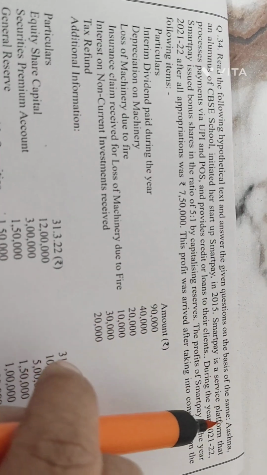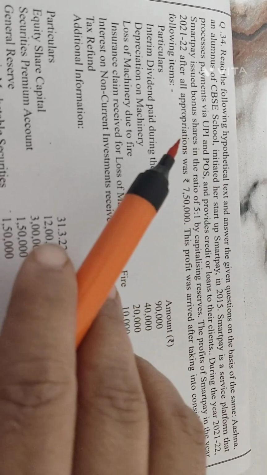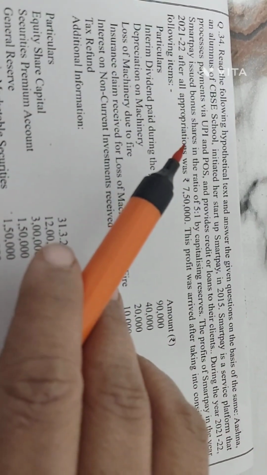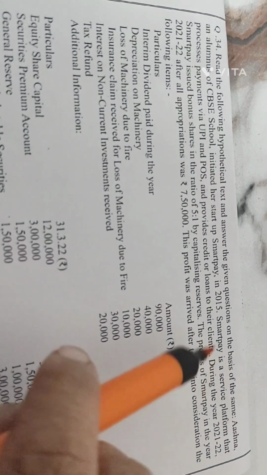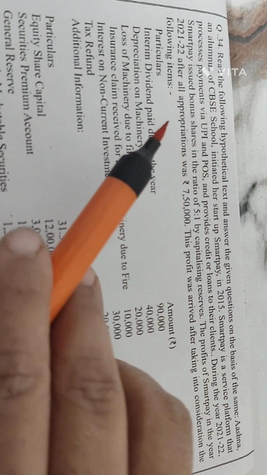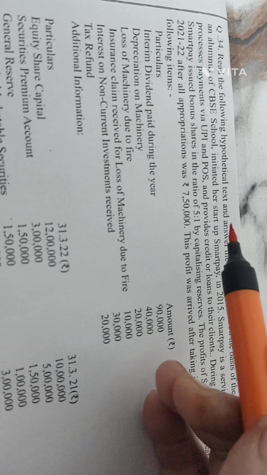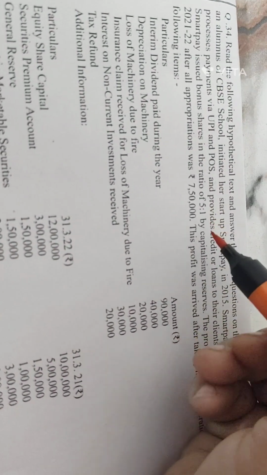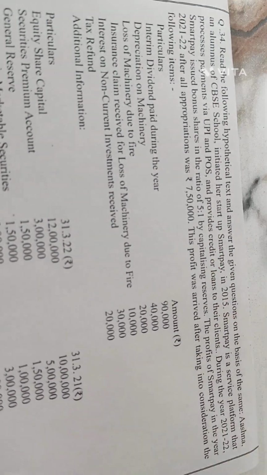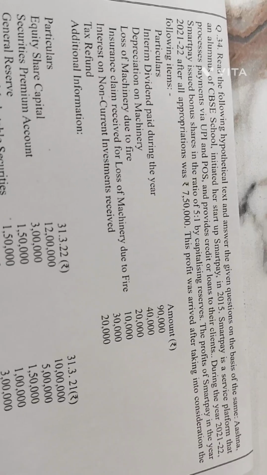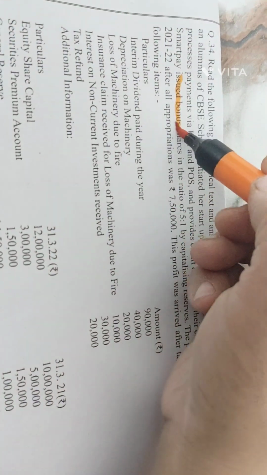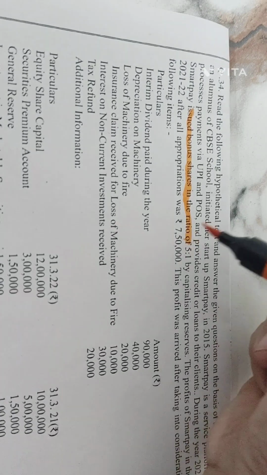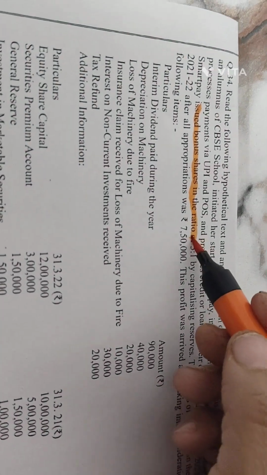SmartPay is a service platform that processes payments via UPI and POS, provides credit on loans to clients, and during the year 2021-22, SmartPay issued bonus shares in the ratio of 5:1 by capitalizing the reserves. So the first important point for us is that they have issued bonus shares by capitalizing their reserve.